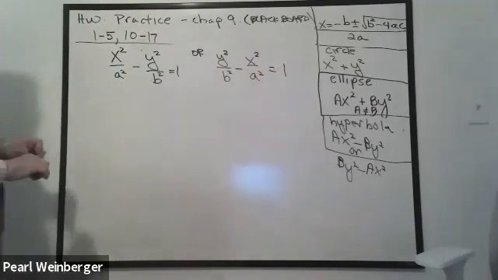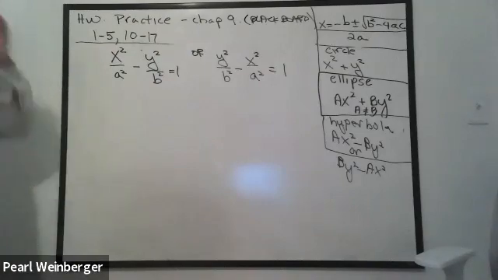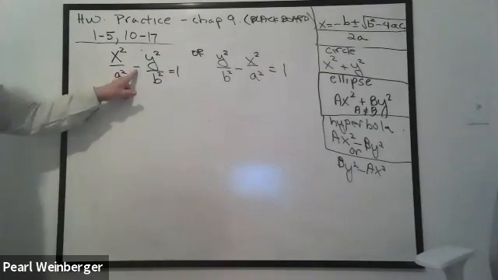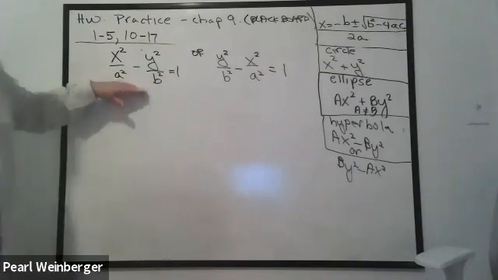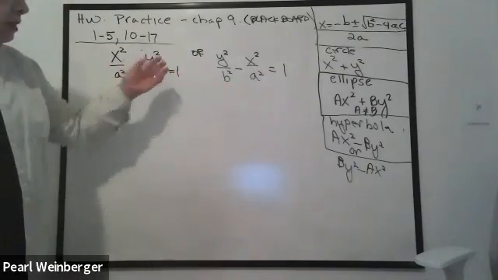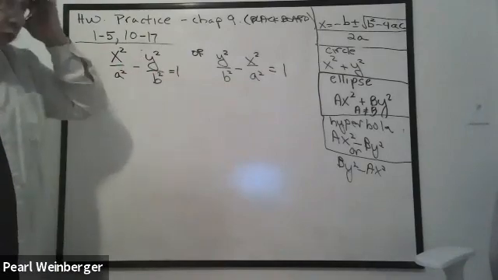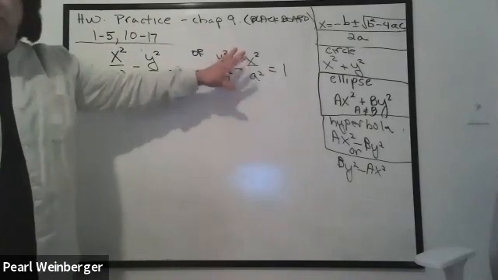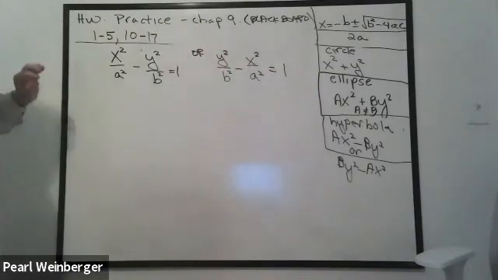The standard format for a hyperbola is almost identical to the ellipse, except instead of having a plus between the two terms, we have a minus. That's why I have to give you both options, because sometimes the x squared term is the positive one, sometimes the y squared term is the positive.